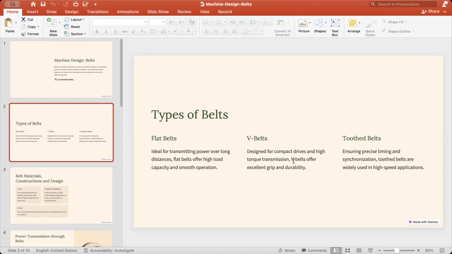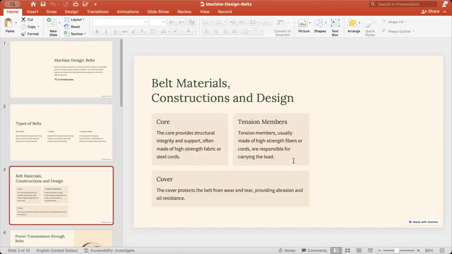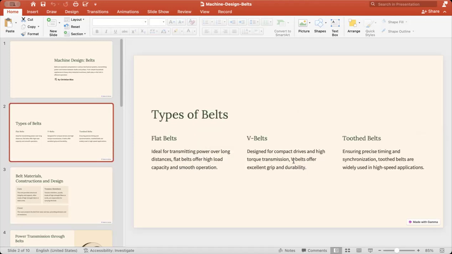We also have different types of belt material: leather, rubber, and stitched canvas. As for the advantages of each belt, the flat belt is cheaper, and it can be used in dusty and abrasive environments. It also has high efficiency.